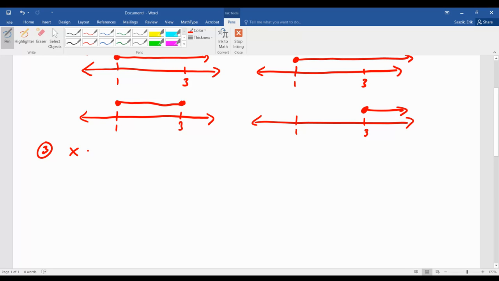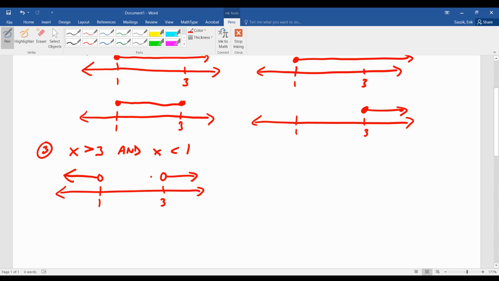Now sometimes you might have something strange like this. x is greater than 3 and x is less than 1. Now when I go to do that one, 1, 3, I have an open circle and I'm going to the right from 3, and I have an open circle and I'm going to the left from 1.